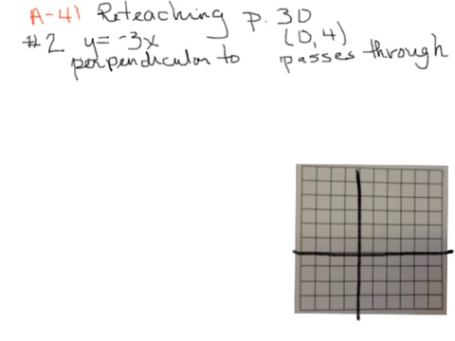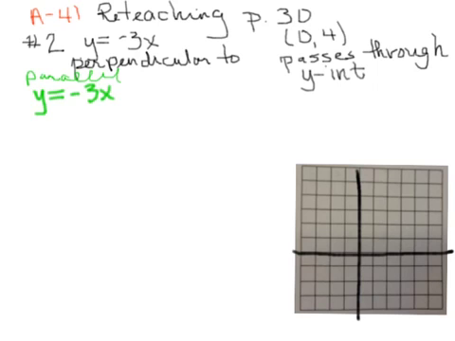Okay, so it passes through y is equal to negative 3x. So here we go. I'm going to do the green as the parallel line.